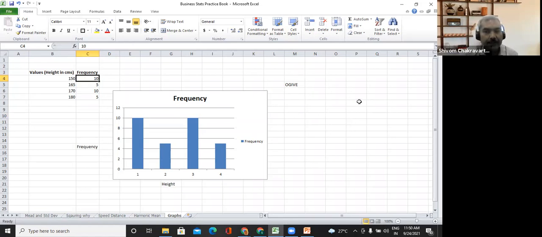Just think about it for a moment. You want to draw a pie chart, which is like a circle, and the area of that circle we will distribute according to the frequency of its values. If the frequency of some value is high, we will allot a bigger portion of the circle. If the frequency is low, we will allot a smaller portion.